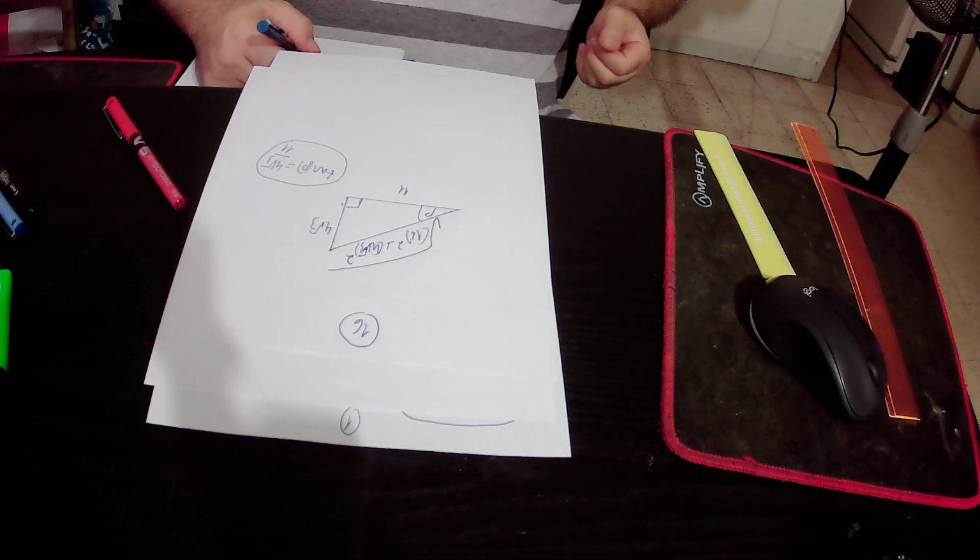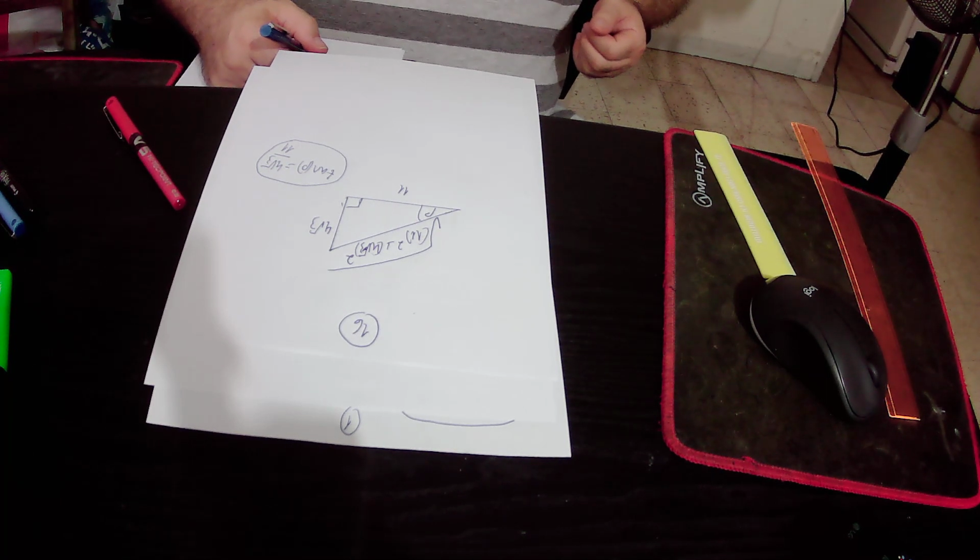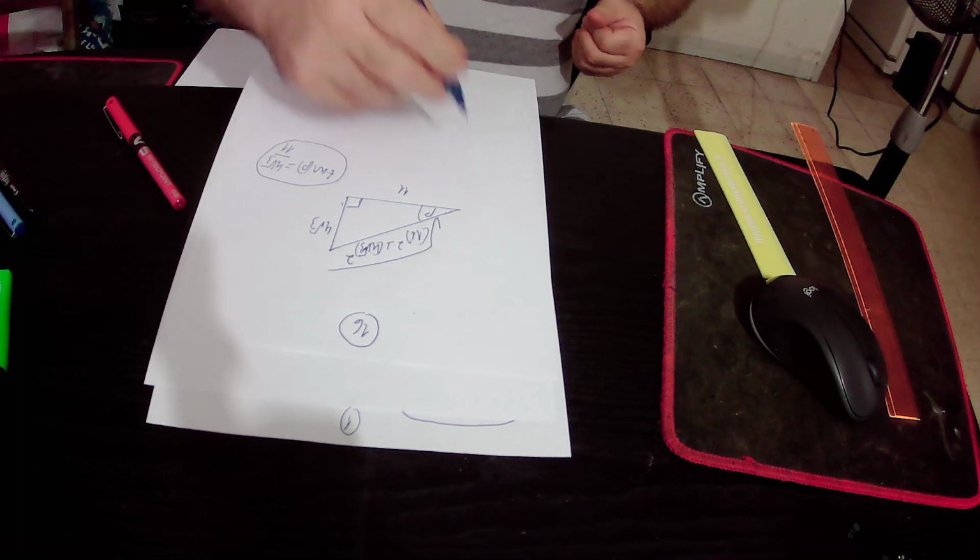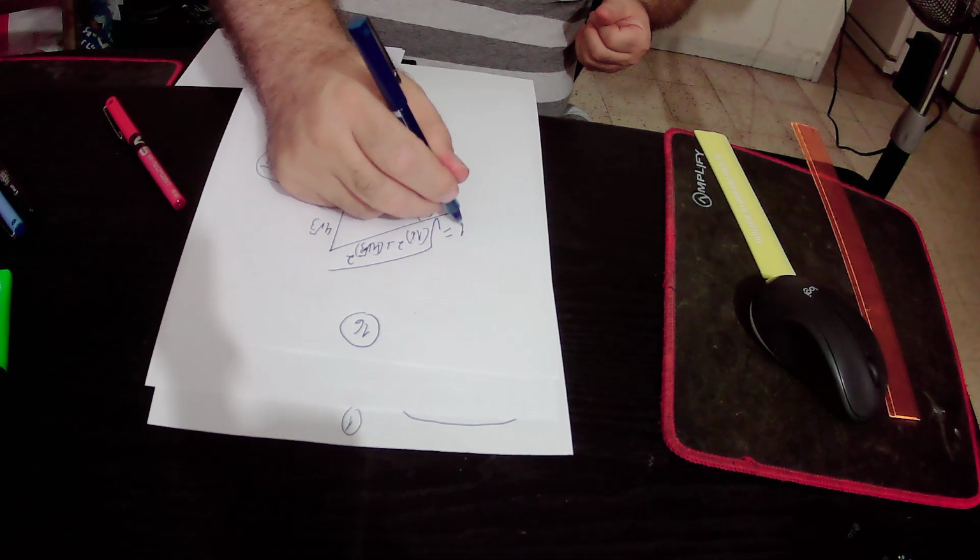So 11 squared is 121, plus 4 times root 3 squared is 48, and 121 plus 48 is 169, and the root of 169 is 13.